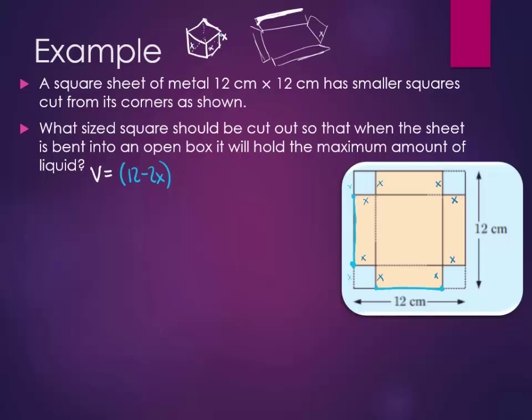Now when we take the volume, we do length times width times height. What's height? X. Well, that's kind of nice. What's the length, though? 12 minus 2x. It's also 12 minus 2x.